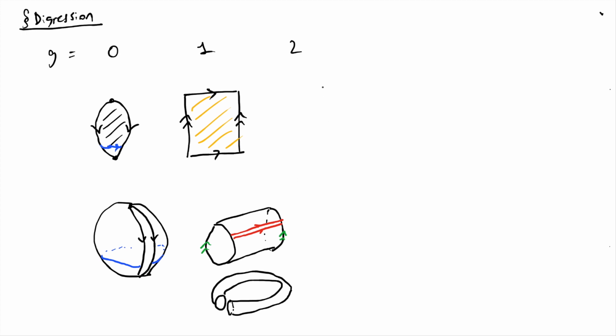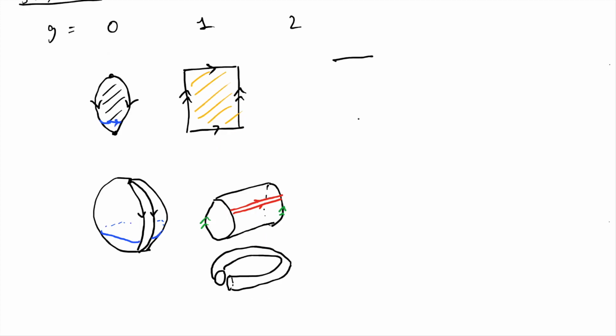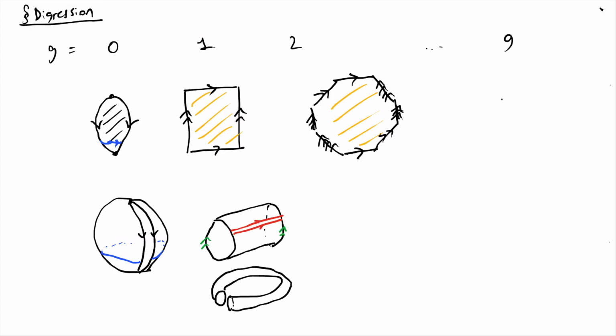And now the general pattern is that for genus 2, I would take an octagon and again identify the opposite edges. And when you have g handles, you're supposed to take a 4g-gon and identify opposite edges.